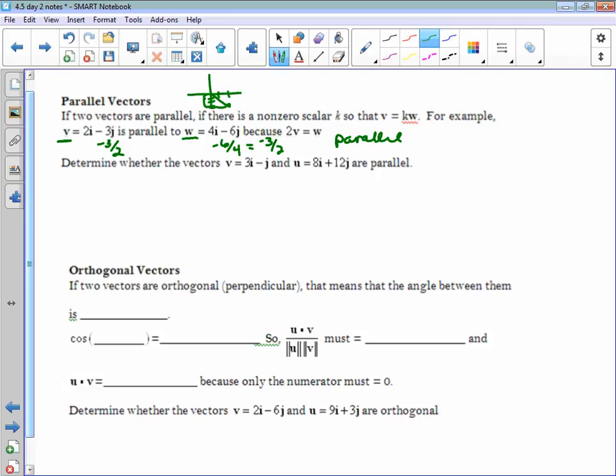So let's look at these 2 here, vector V and vector U. What's the slope of V? How about -1/3? Okay. What about U? That is not -1/3, correct. That's 12/8. So, no, those are not parallel.